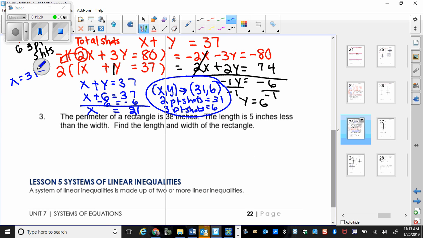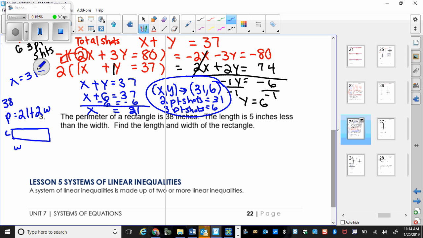Okay, next we're going to draw a diagram of this next problem because it's a perimeter problem. It says the perimeter of a rectangle is 38 inches. The length is 5 inches less than the width. Find the length and width of the rectangle. First, perimeter equals 2L plus 2W. That's the formula. Here's my rectangle, here's the length, here's the width. The perimeter itself is 38 inches.